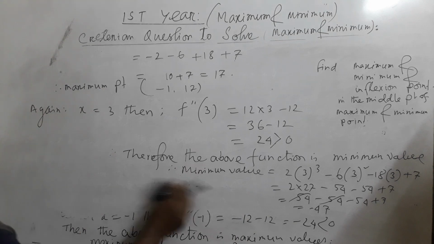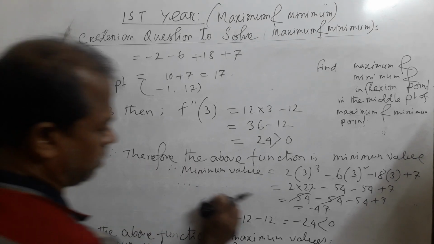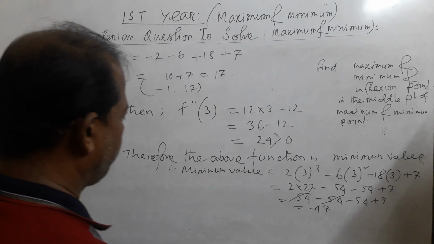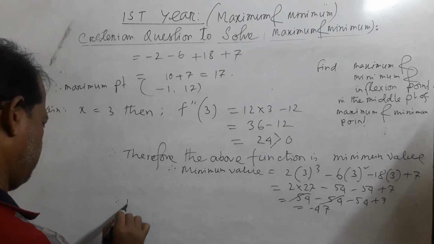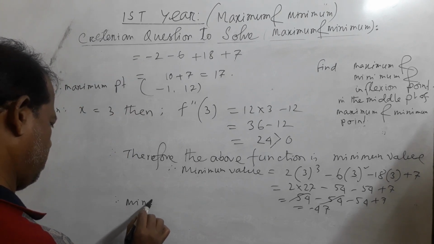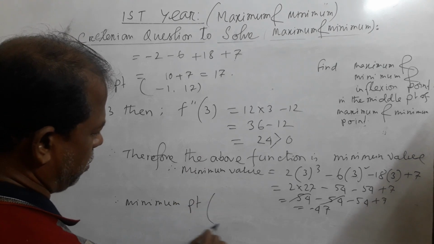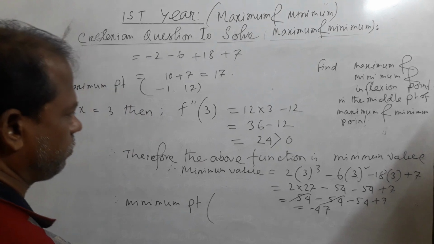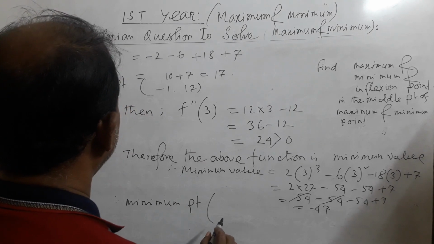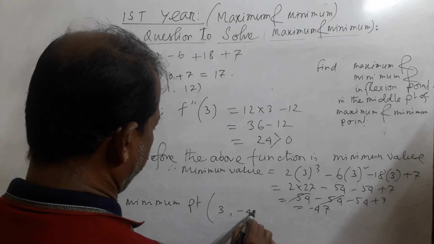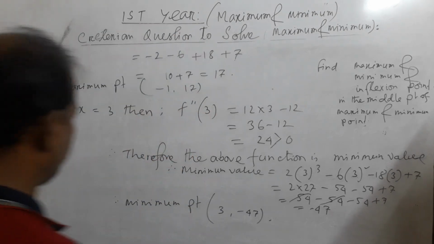So you have to be clear that the minimum point of the function is 3 and minus 47.